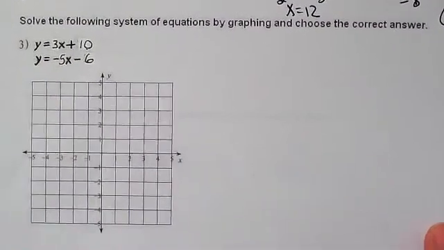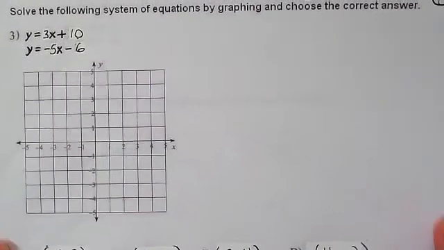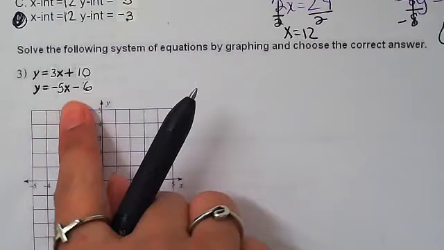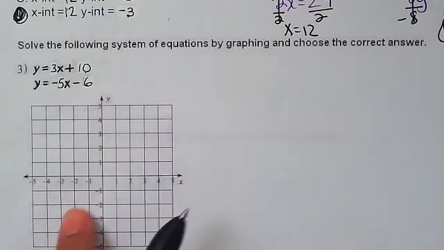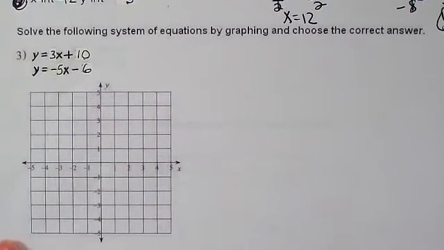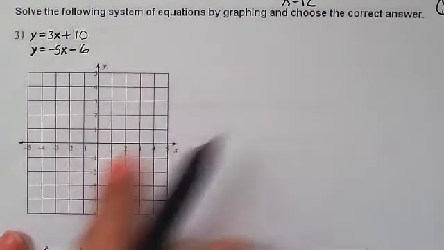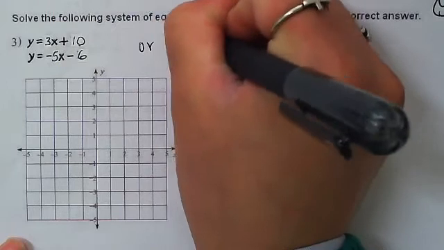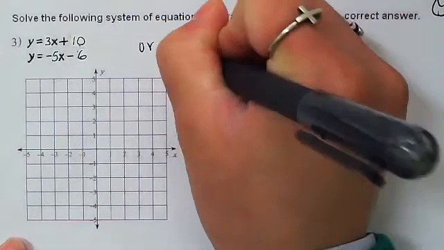Okay. Number 3, I'm giving you a system, and I'm telling you to find the solution. Remember, the solution is going to be the ordered pair where they're crossing. So you can just graph them because they're already in y equals mx plus b, so just graph them yourself. Now remember that you can graph them yourself here, or you can use the calculator shortcut.